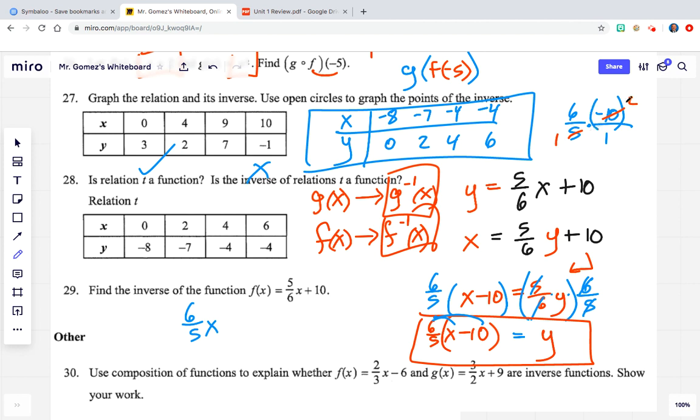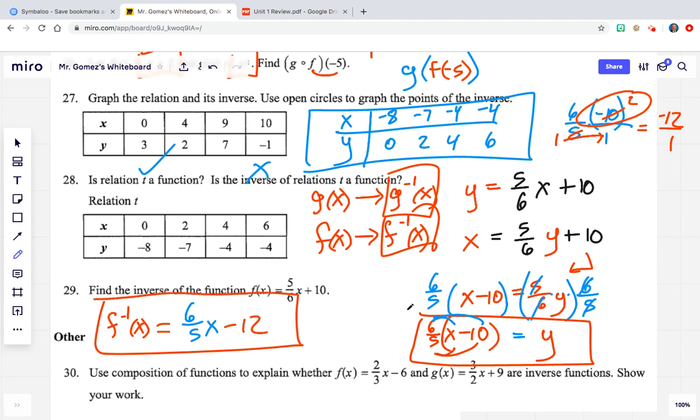So now we just have negative 2 right here times 6, which would give us a negative 12 on the top and a 1 on the bottom, because 1 times 1 would give you 1. And yeah, we could just write this as negative 12, and that would be okay. So this piece is simplified by distributing 6/5. And again, we're not going to put y, we're going to put the inverse of f of x. And this is the correct notation that we're looking for on the test.